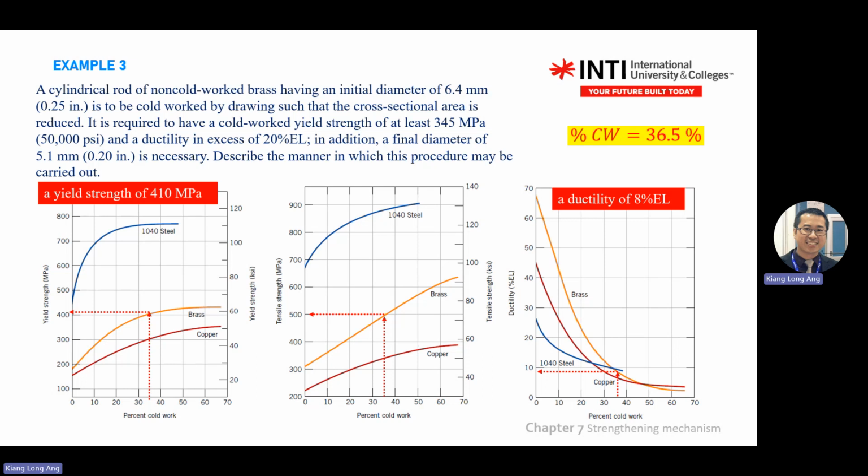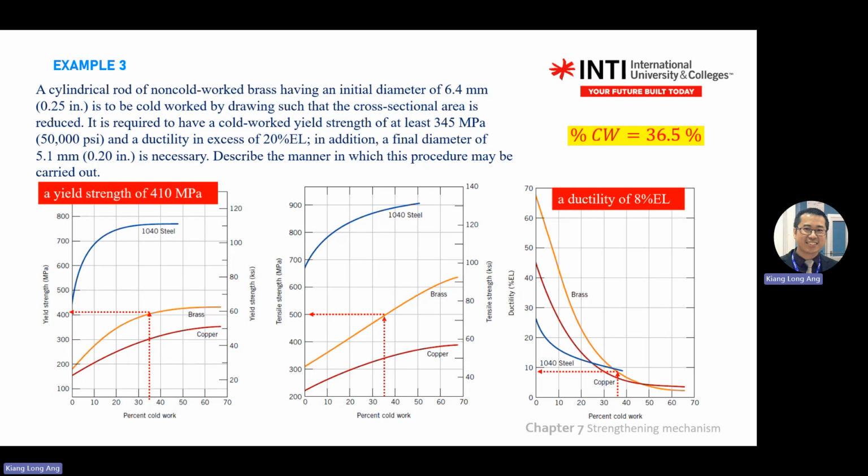Okay, you get the correct answer. Change the initial diameter, which means you buy from a supplier the raw material, but what is the size that you need? You need to calculate by using the percentage of cold work. So from the graph, you need to decide. You need 20% ductility, right?